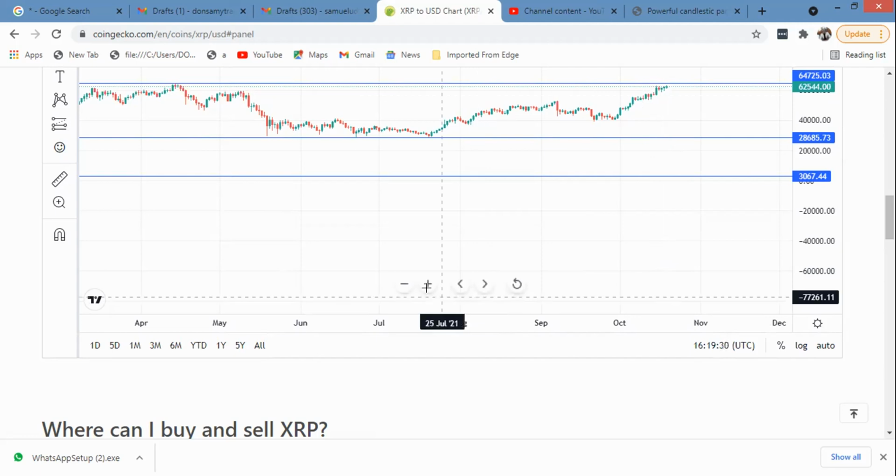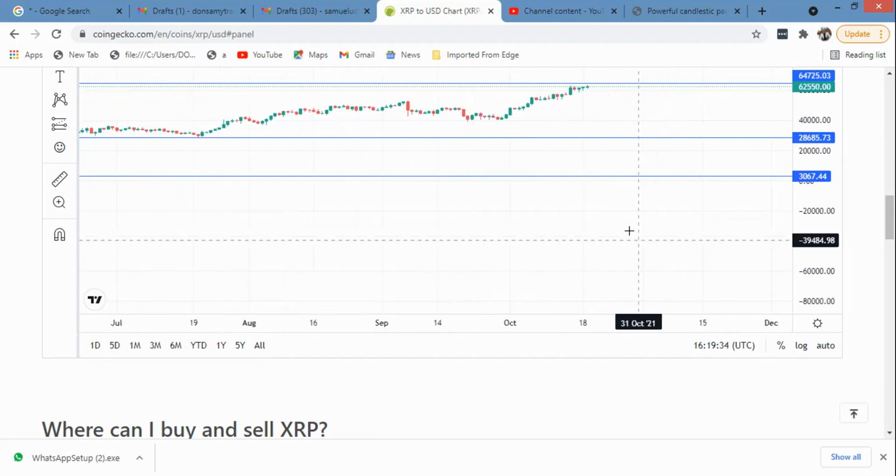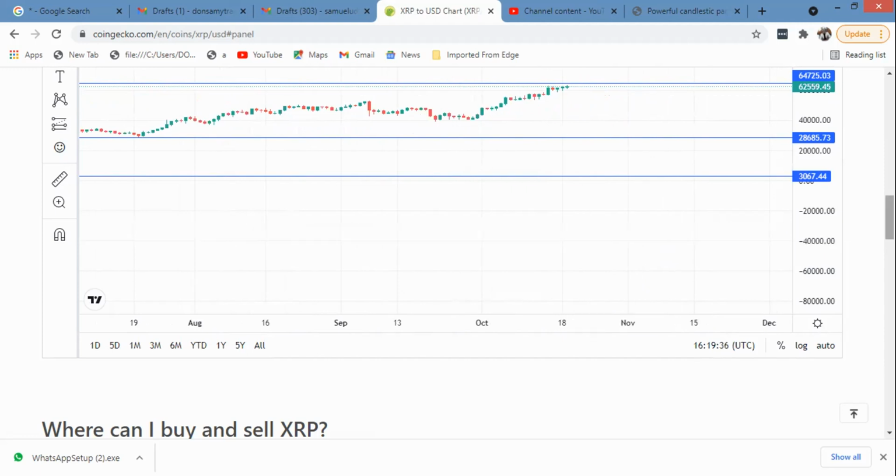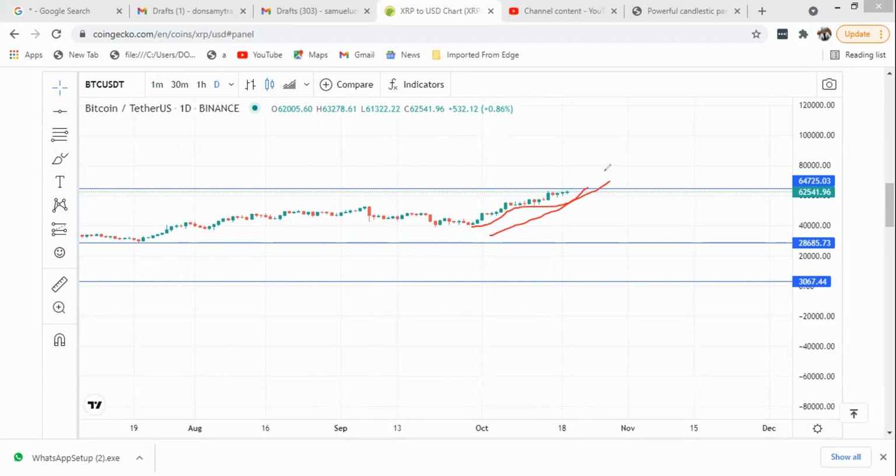Are you with me? Okay. Now, from what we have seen, you have seen that it is uptrend. It's just up. It is still getting to hit this line.